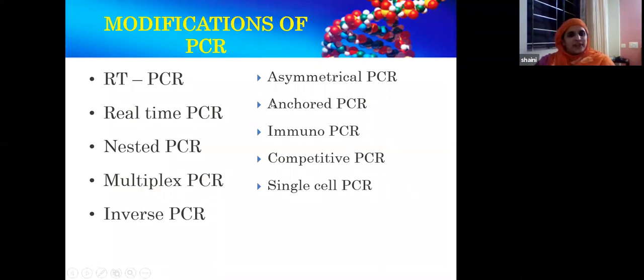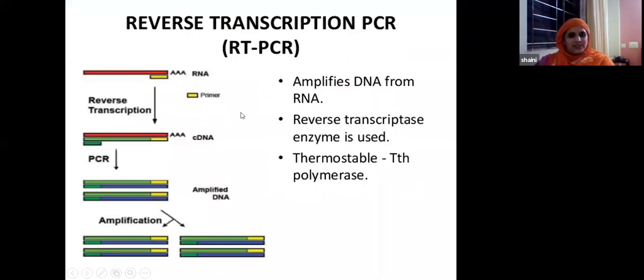These are the various modifications of PCR. Of these, I will be talking about only 2 or 3 which are of significance in COVID times. Now, reverse transcription PCR. When we saw the PCR test, the starting point was always the DNA.